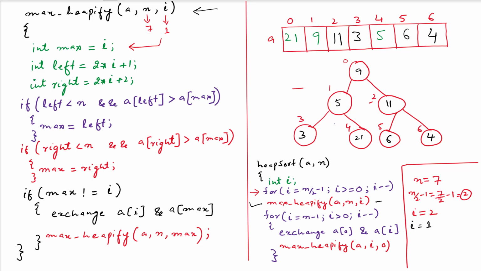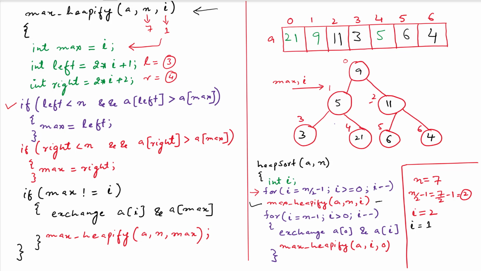So max and I are having value 1, and next in this procedure we calculate left, and left is calculated as 2 into I plus 1, that is 2 into 1 plus 1, which will give us value 3, and right is equal to value 4. Fine, then we will check this first if condition.